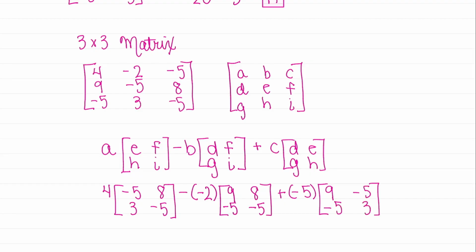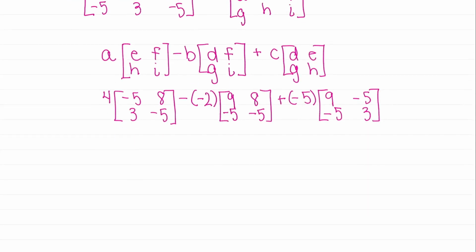Now we need to find the determinant of all 3 of these matrices, and we do that the same way that we just did, AD minus BC on all 3 of them. So we have 4, and then we're going to have -5 times -5 minus 8 times 3 plus 2.